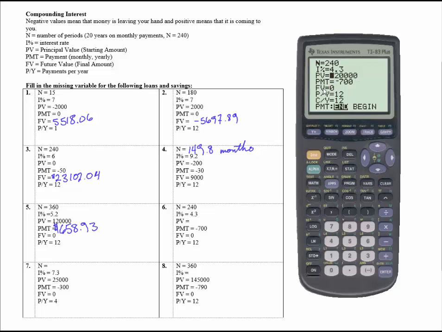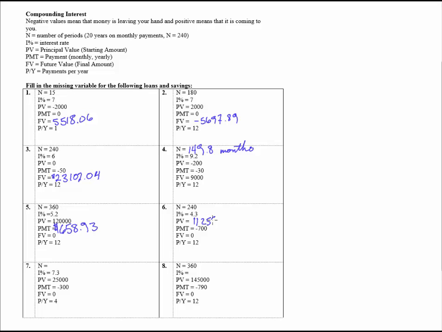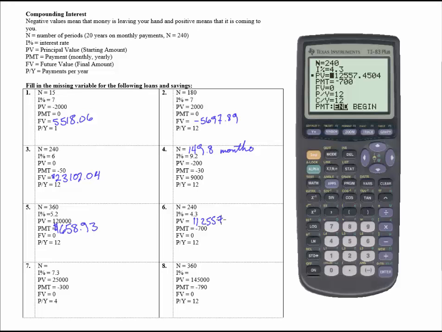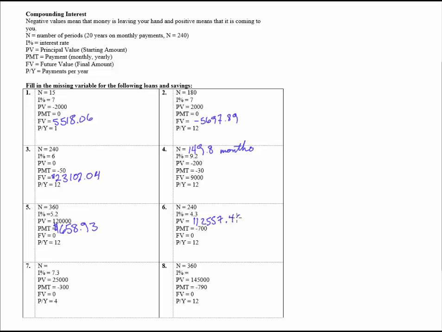So what is the principal value that we can pull out? Alpha solve. You can pull out $112,000, and this is at a 20-year loan. So you could actually buy a house for $112,557.45. That's how much of a house you could buy.